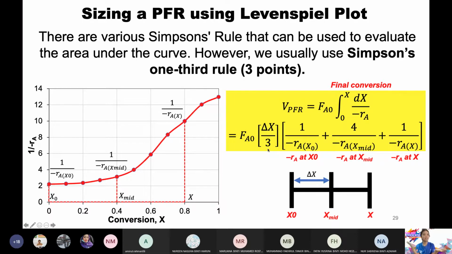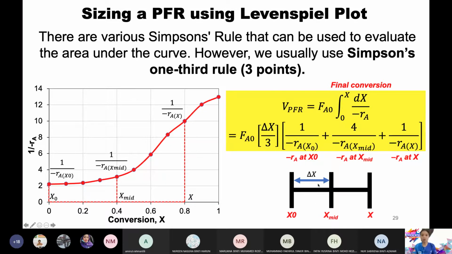Kenapa 3? Again, Simpson one-third rule. One-third rule, that's why dia bahagi dengan 3. Okay, now I have to clarify on the delta X. Okay, maybe at this point, you assume, which is actually correct at this situation, delta X ni sama dengan middle X. Betul, sebab contohnya tadi yang saya bagi contoh, 0, 0.4, 0.8.